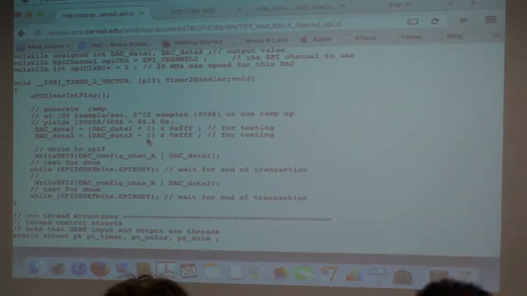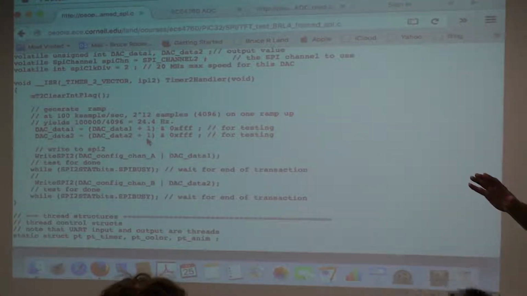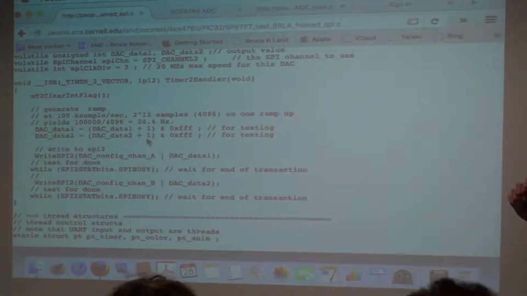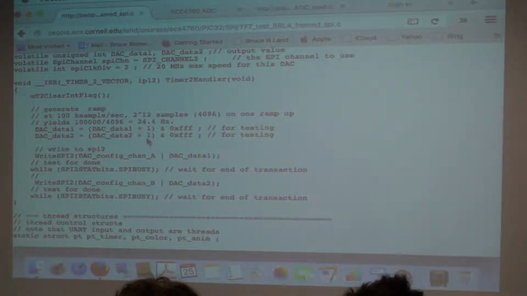Completely in hardware, no software. No interrupt service routine, no nothing. No overhead. No software overhead. Questions?